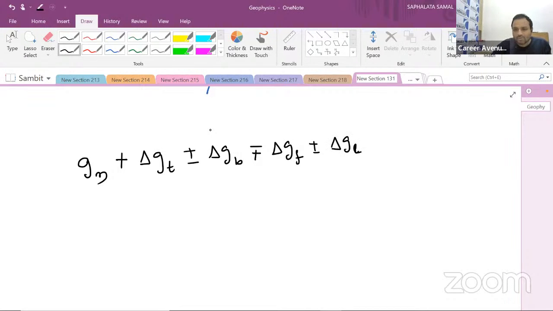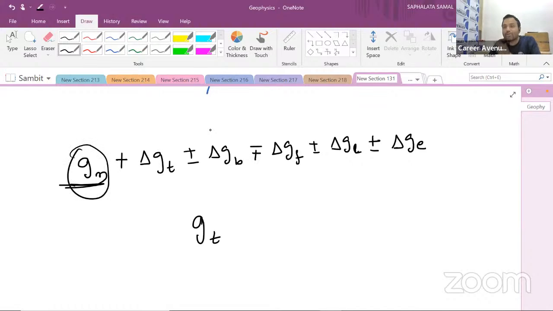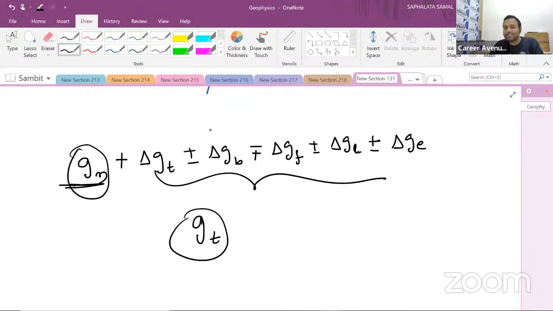Also Eötvös correction. These are the corrections I'm applying to the measured value. After applying all these corrections, I will compare it with the theoretical value. This will be the same now. I have tried to bring the Gm value, the measured value, as close as possible to the theoretical value by applying these corrections. But still there is some difference, that is the gravitational anomaly.